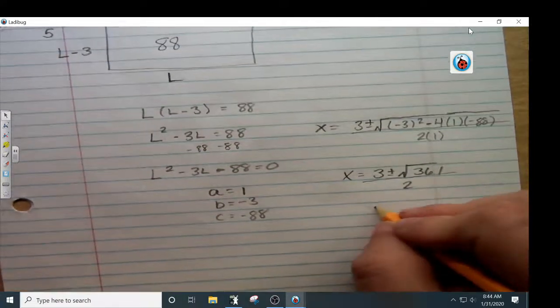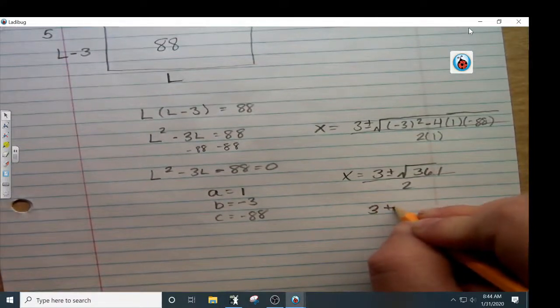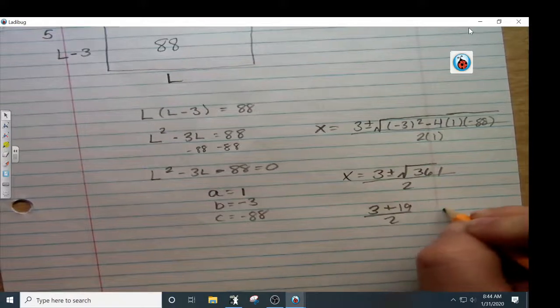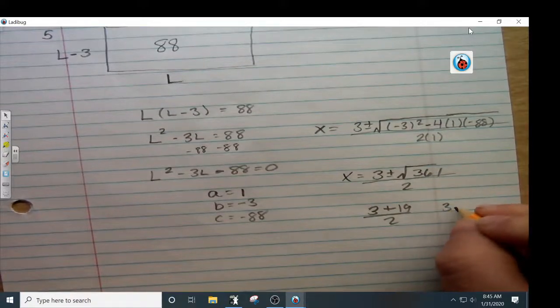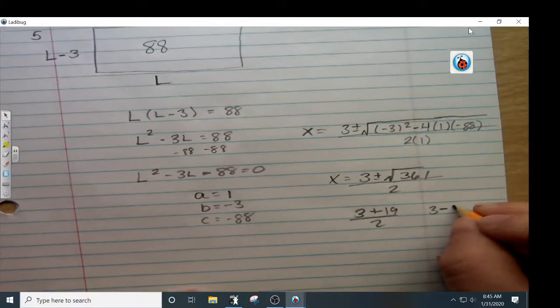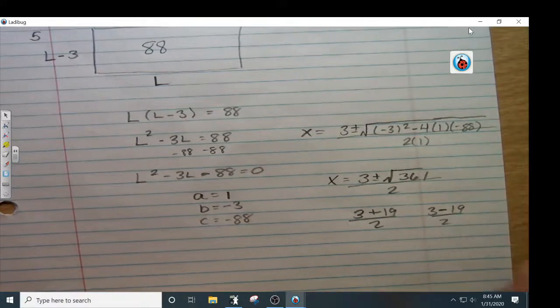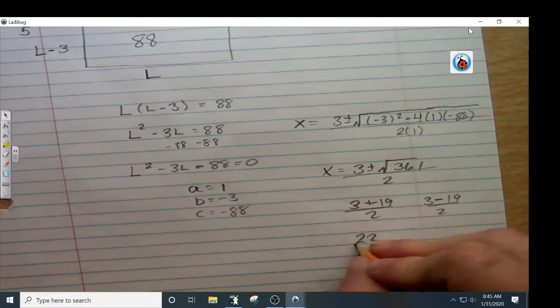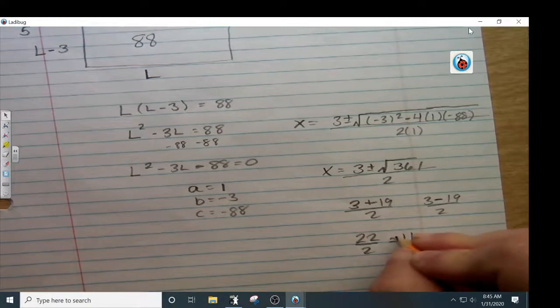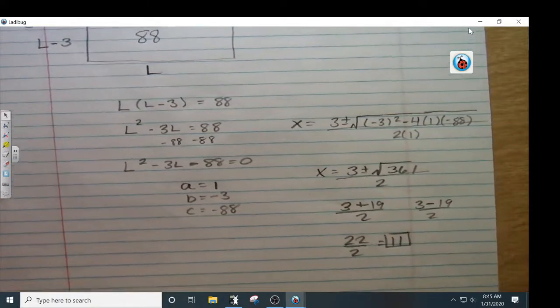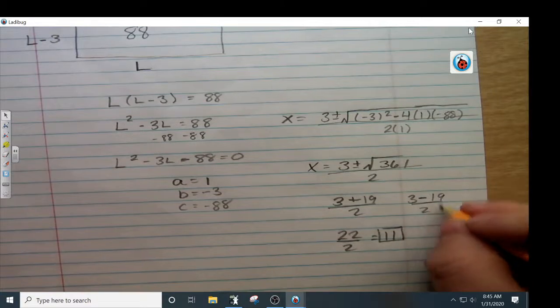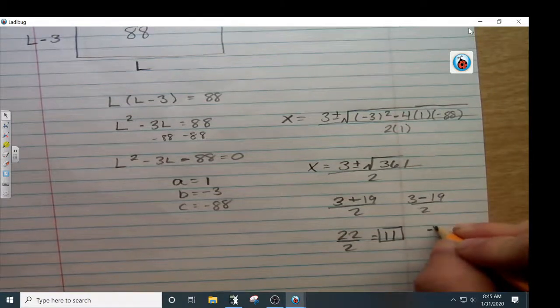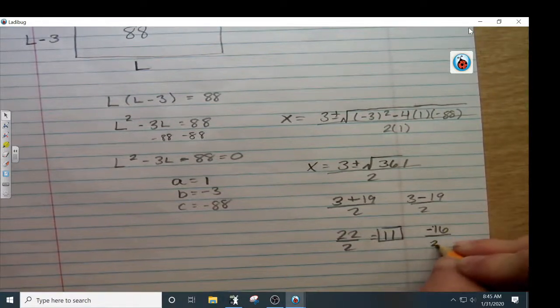All right, so 3 plus 19 divided by 2 and 3 minus 19 divided by 2. So 3 plus 19 is 22, that gives me 11, okay? And then 3 minus 19 is negative 16 over 2. That gives me negative 8.